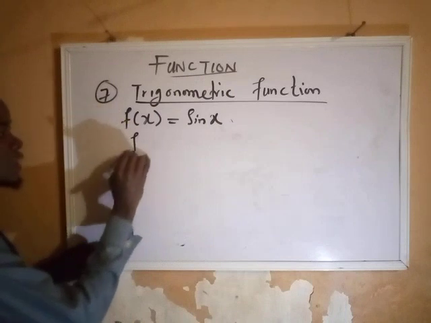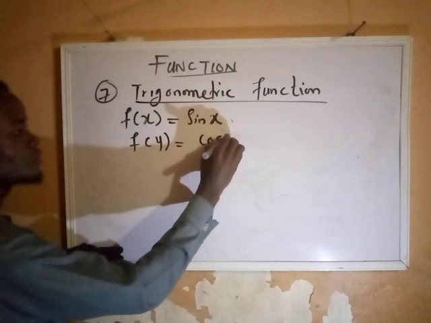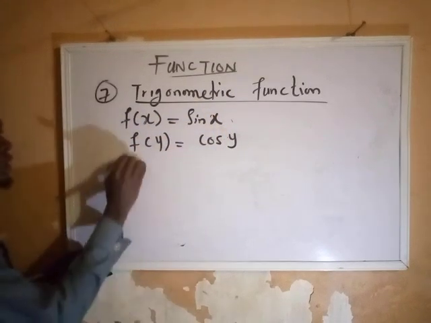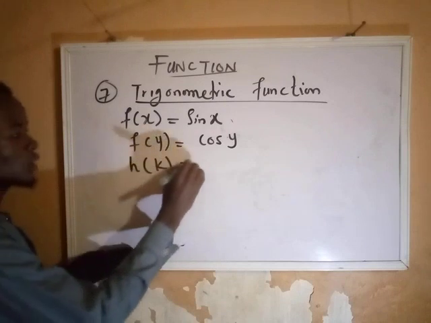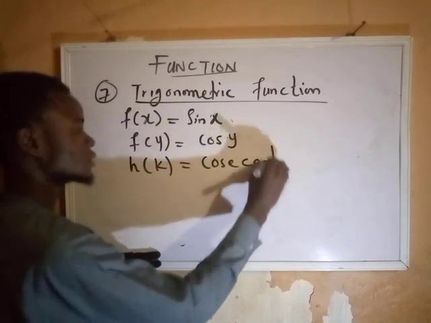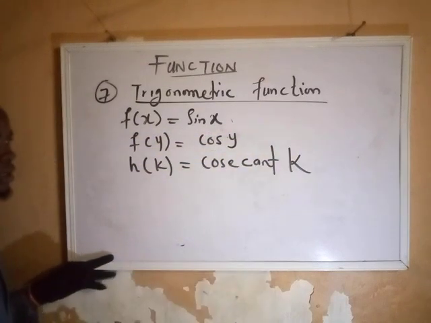If you have, let's say, f of y equals cos of y, this is an example of a trigonometric function. Let's say you have h of k equals cosecant k, we call this one a trigonometric function.